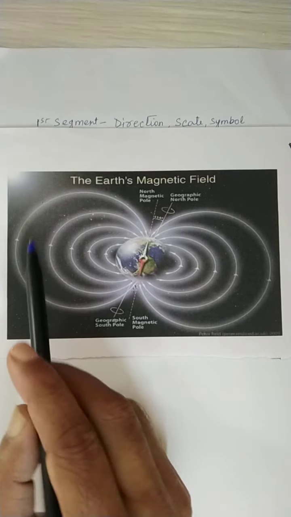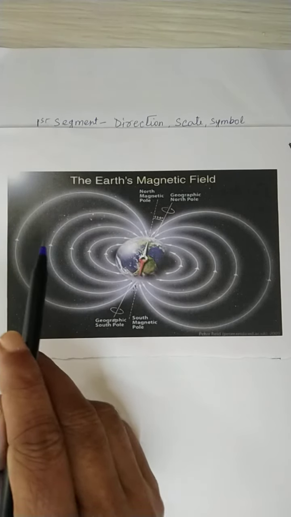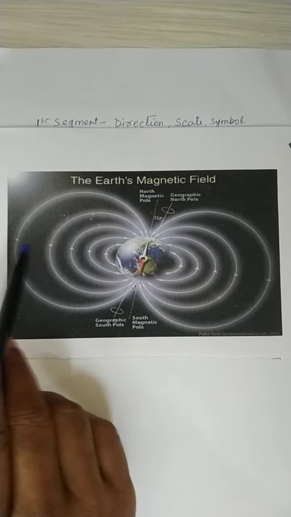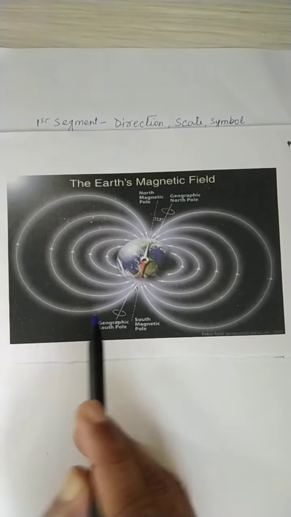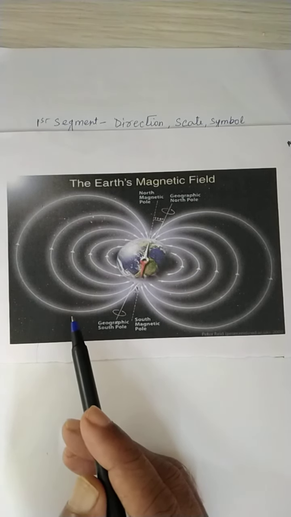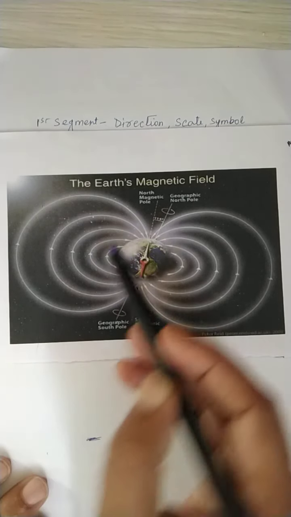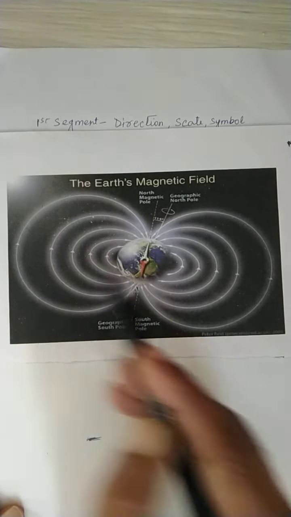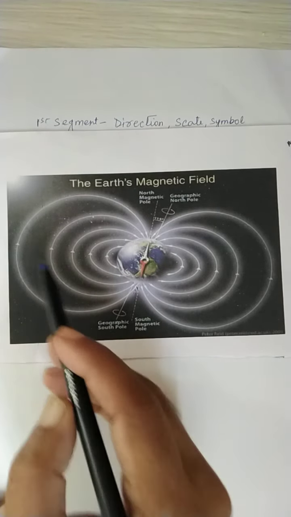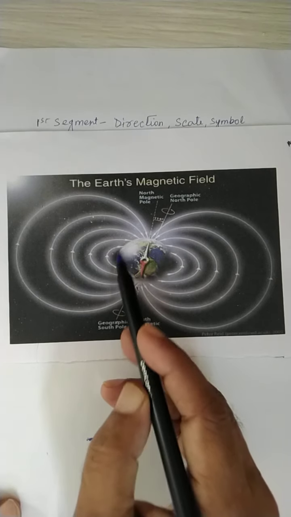The solar wind ejected by the corona collides with the magnetic field of the Earth, and you see the magnetic field of our planet Earth extends about 6,500 kilometers above the surface of the Earth.